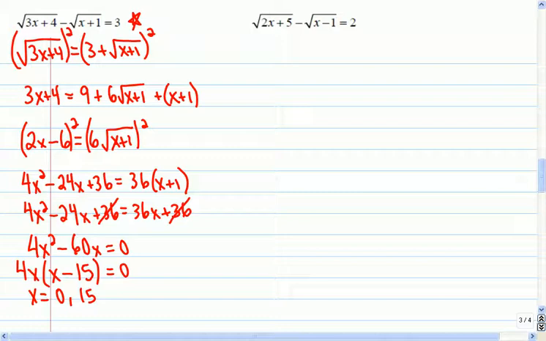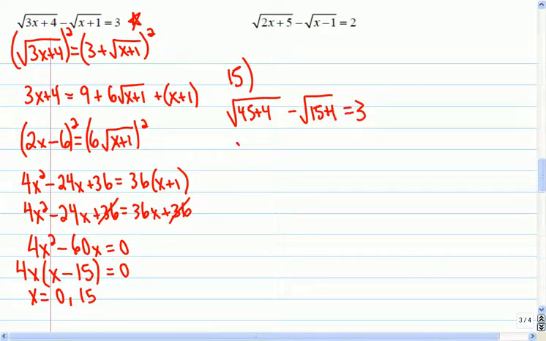Okay, so if we end up with 0 and 15 to test out, let's try those in our equations, see what we get. So for 15, I get square root of 45 plus 4 minus square root of 15 plus 1. Is that equal to 3? So root 49 minus root 16, 7 minus 4.